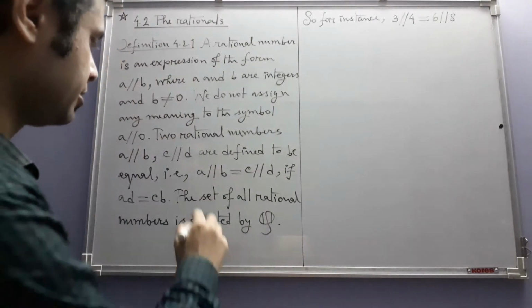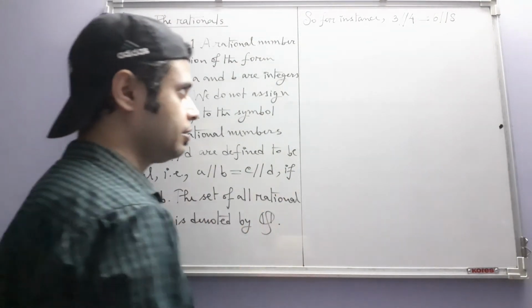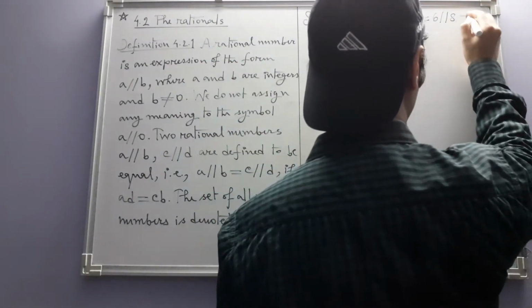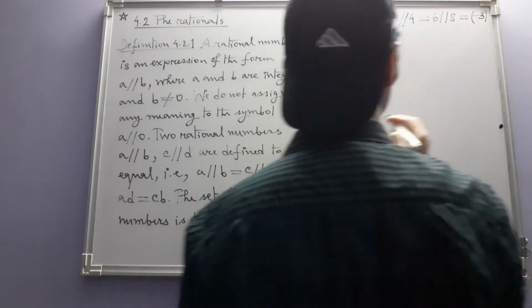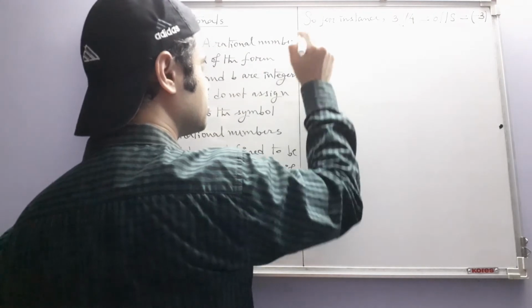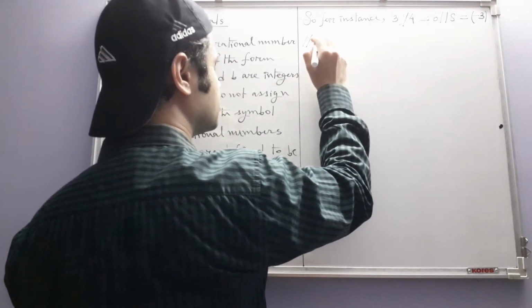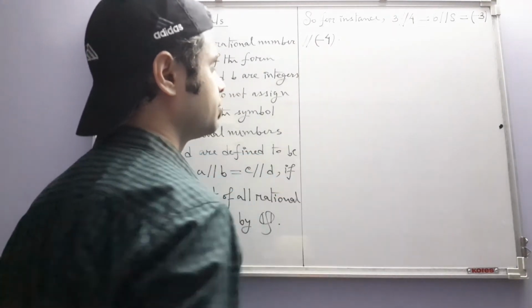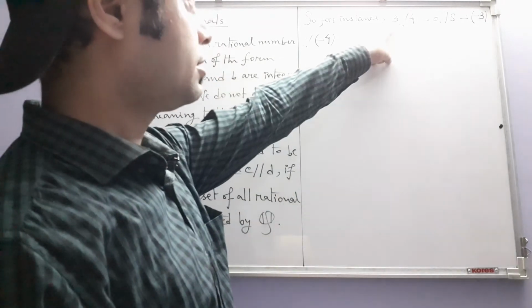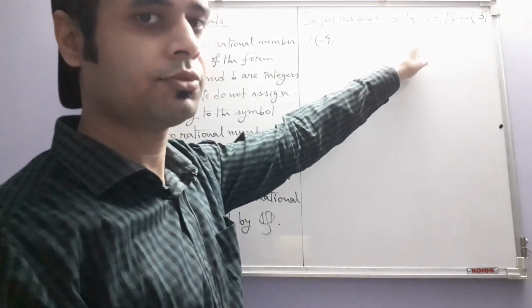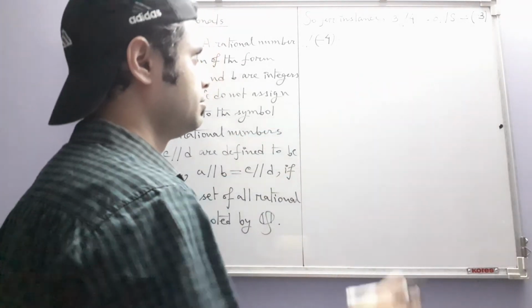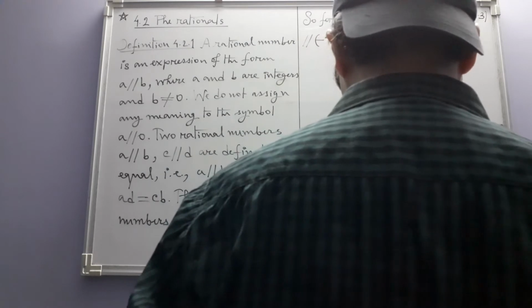So that's why by the definition of equality they are equal. And this is also equal to minus 3 by minus 4. That's because 3 times minus 4 is equal to minus 3 times 4. So that's why these rational numbers are equal.